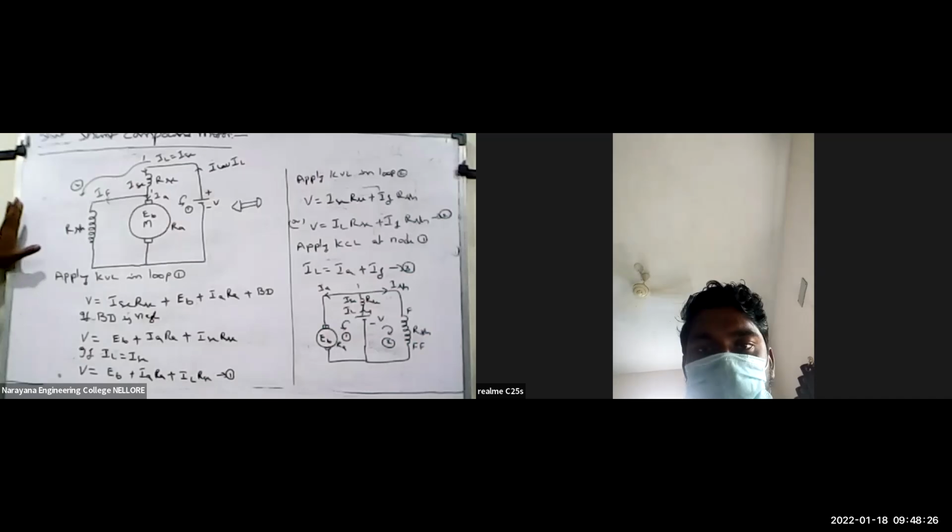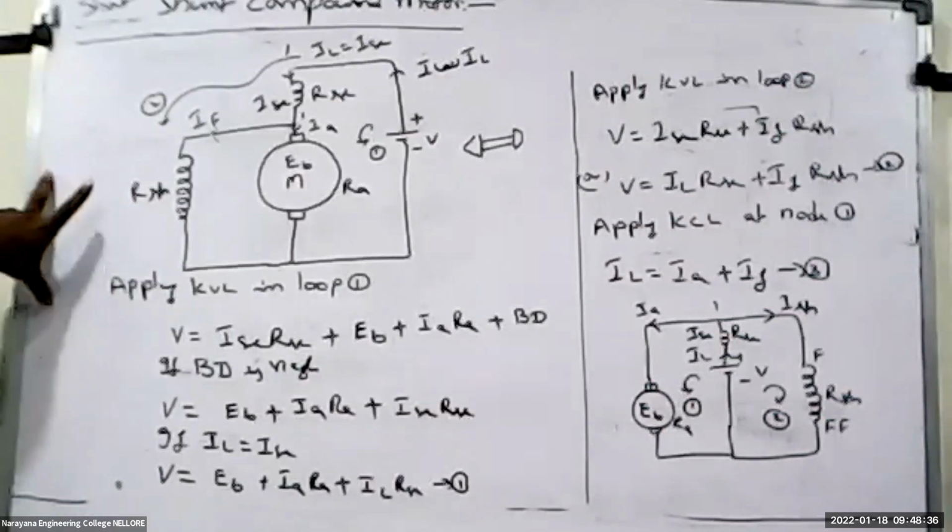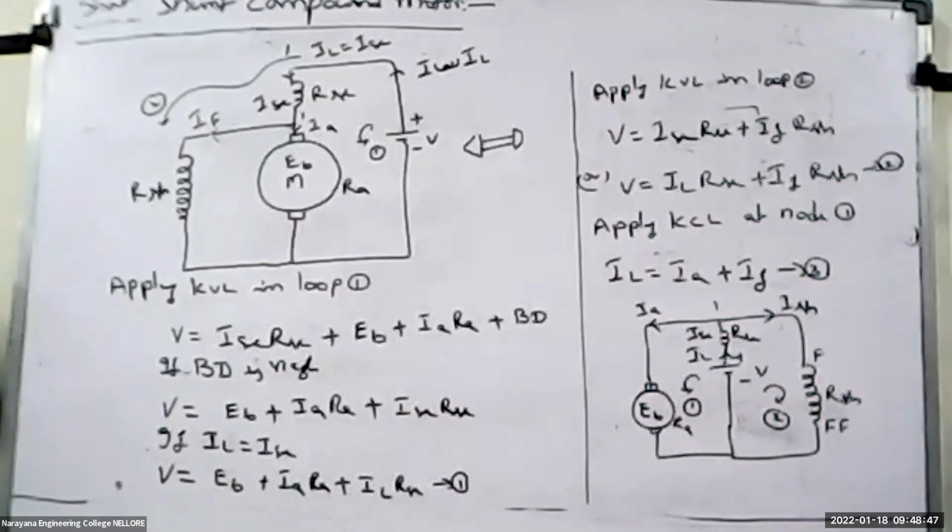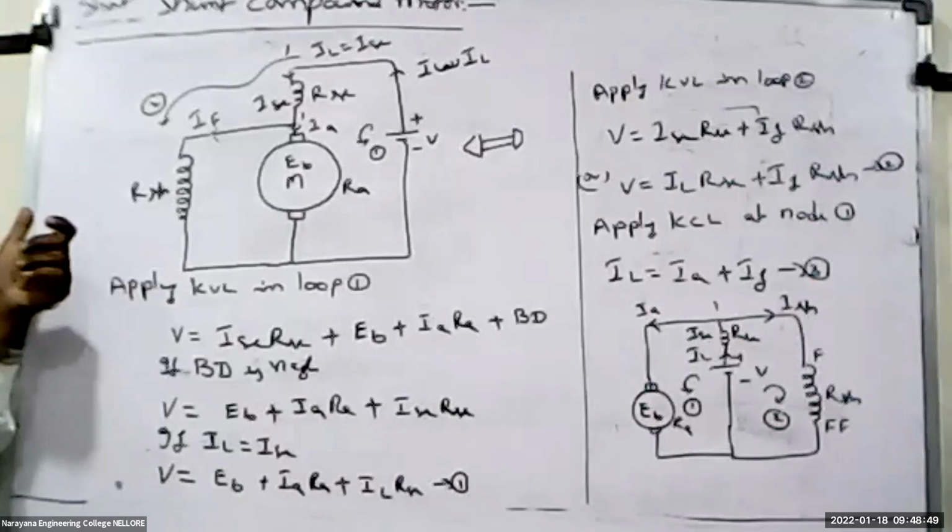So this is the short shunt compound motor. First of all, take a snapshot of this because these are sufficient equations for short shunt. All of you take the snapshot for short shunt. Similarly, for everything I explain, just take the snapshot, then you will get an idea about each.